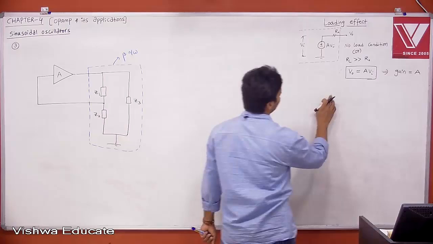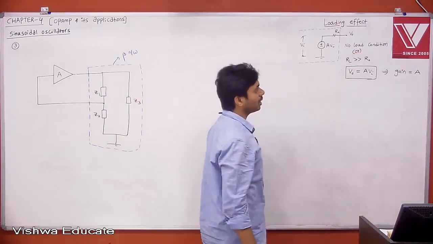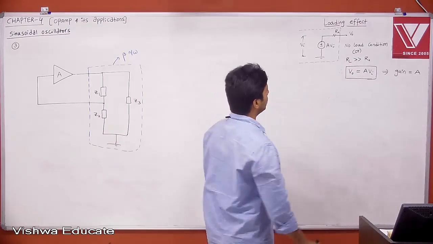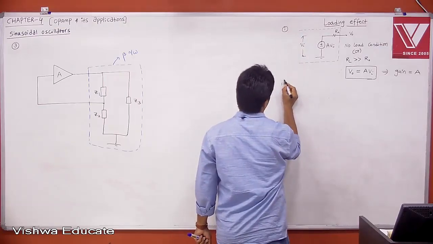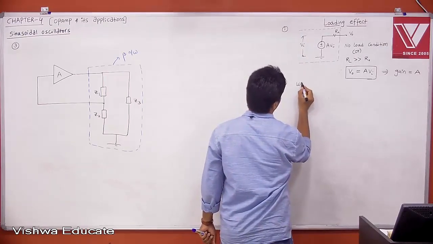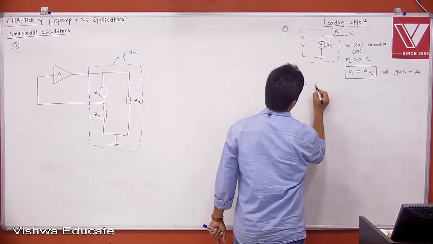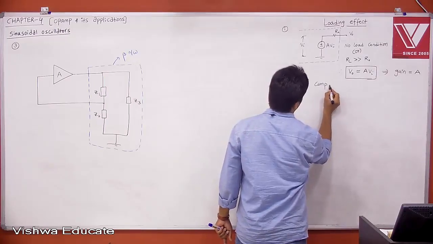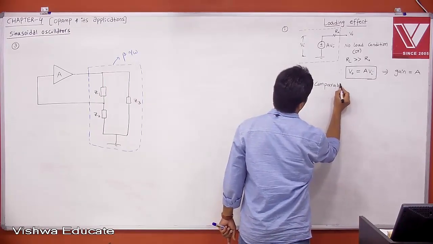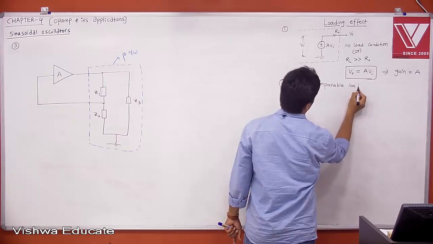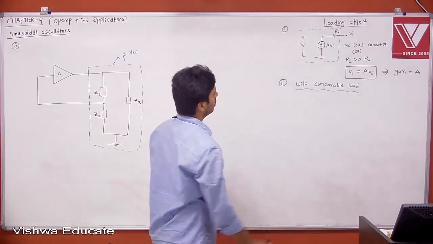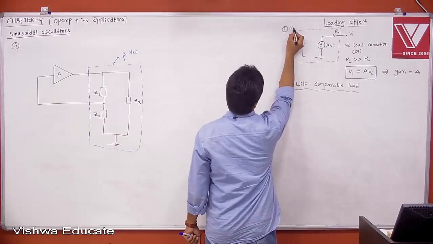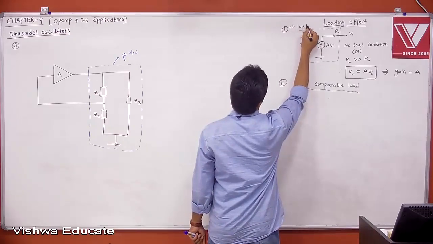But now, under load condition, where RL is not very much greater than R0. This is case 1. Now, case 2, with load, with comparable load. This is almost no load condition.